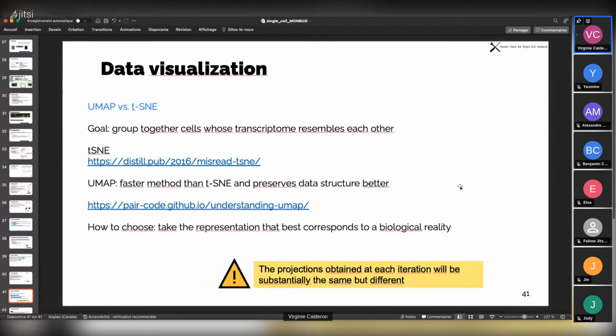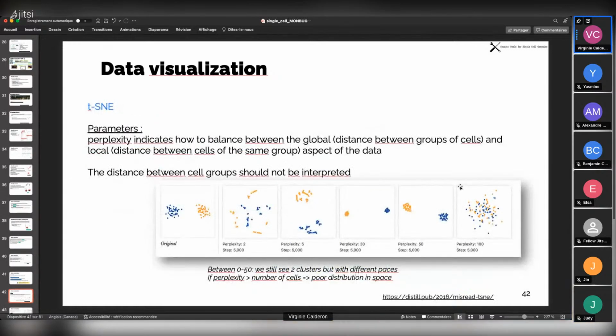It will look similar, but it can be reversed in space, etc. So it's always better to put a seed when you are drawing UMAP and t-SNE, because if you do it later it will look different, and if you are working for a publication, you will have to redraw all the UMAPs and all the t-SNEs for the markers and the different projections you have made. This is really important. I have done it so many times. Just put a seed to be sure that you obtain the same UMAP, and save your object frequently.